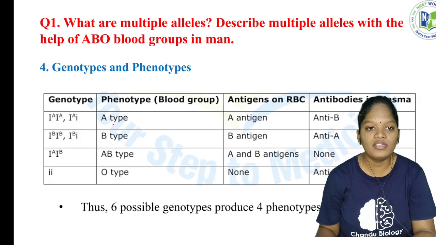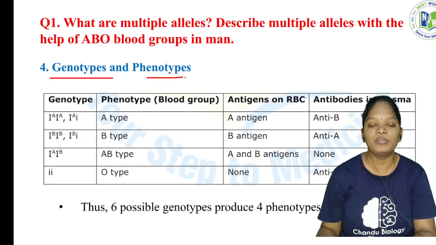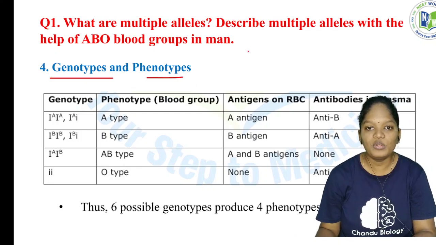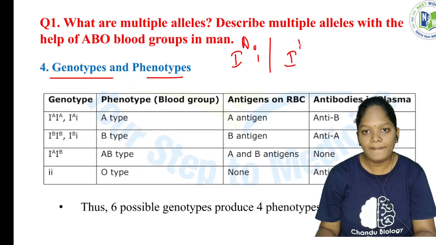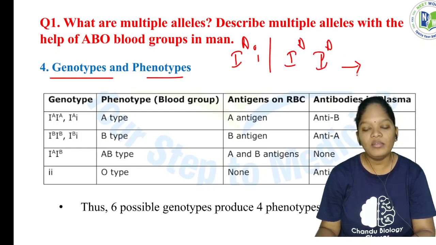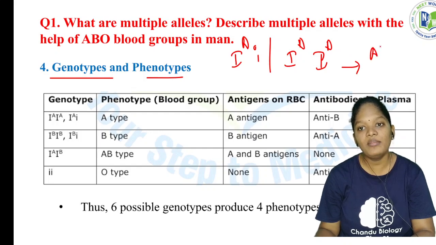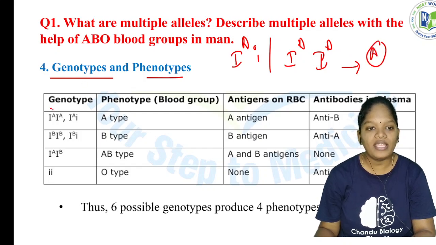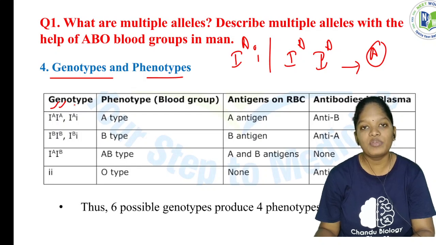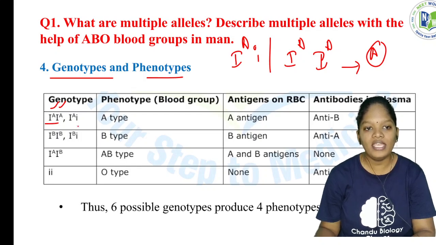So this is the genotype and the phenotype. Just listen to me. If a person has IA IA, or IA i, that person has the A blood group. As I mentioned before, alleles are always expressed in pairs. So the phenotype, the blood group, will be the A blood group.